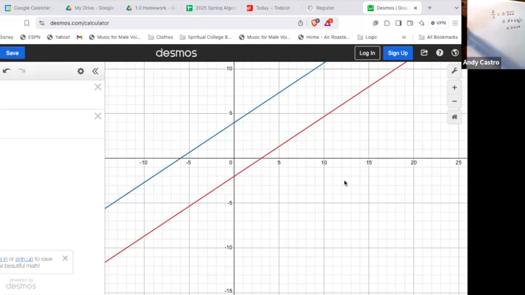They're both in slope-intercept form, and we can see that they both have a slope of 2 over 3. So because the slopes are the same, we know that they are parallel lines. What's different about the two equations is the y-intercept. One is going to intercept at -2. That's this red one right here. And one of them is going to intercept at +4.